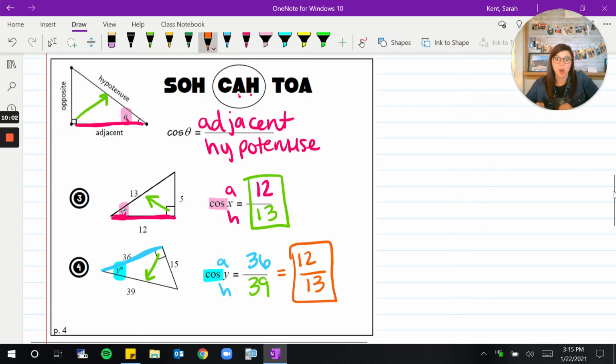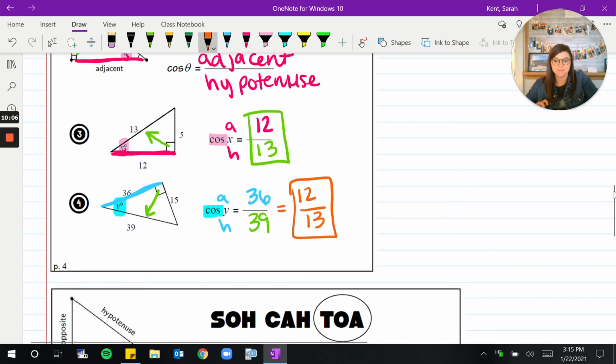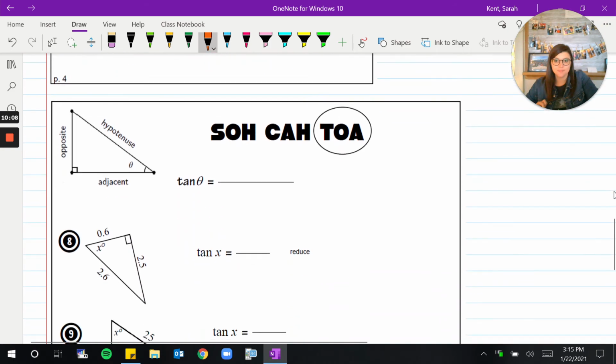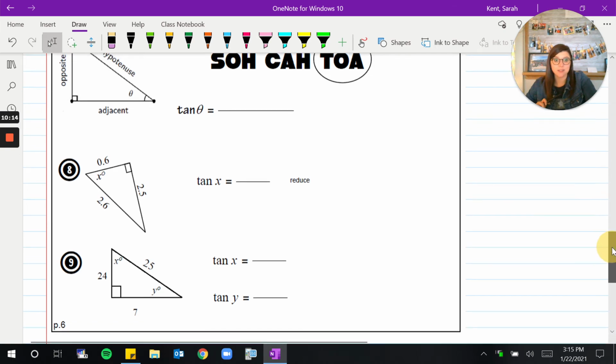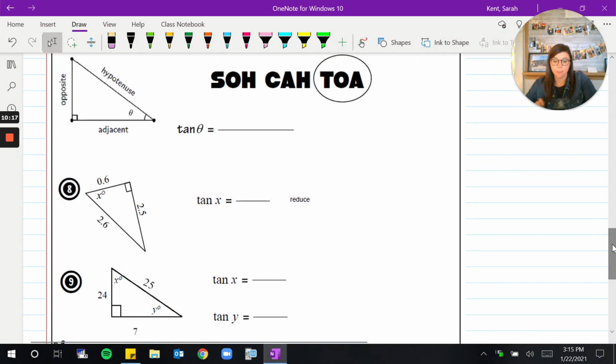All right, we've got one more to look at, tangent. So with tangent, this is the one that does not have the hypotenuse. So tangent is TOA. So we want the opposite side to go over the adjacent side.